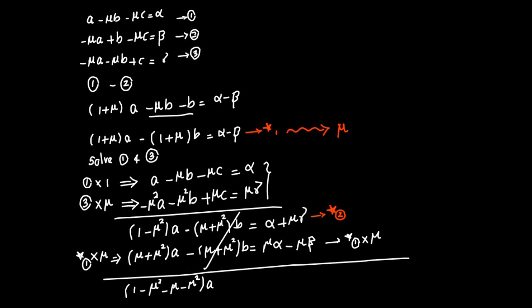Now let me do the right hand side. I'm just going to subtract the two, and let me bring the coefficient of alpha outside. I'll be getting 1 minus mu into alpha.